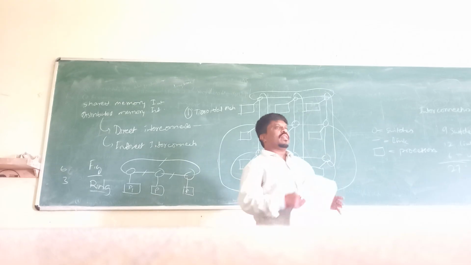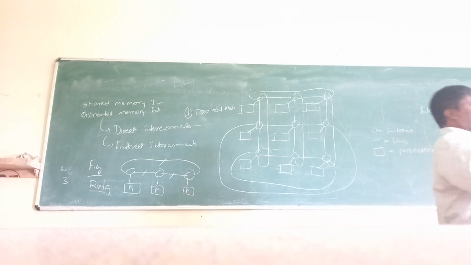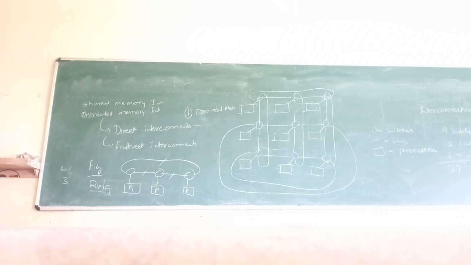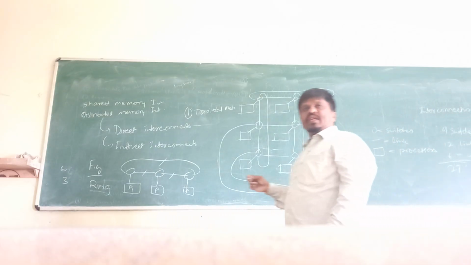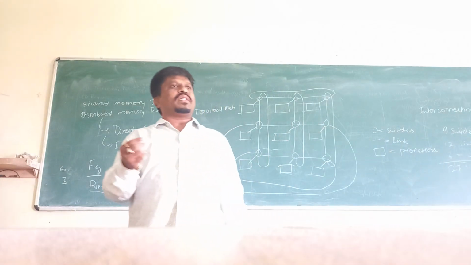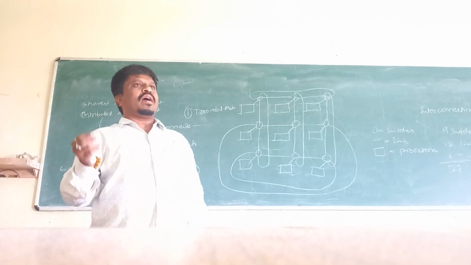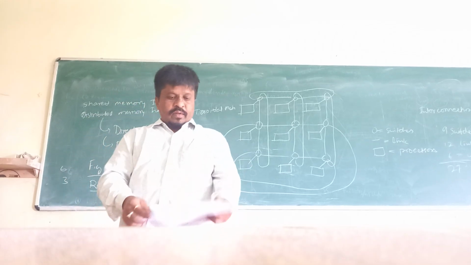At the end of the switches we will be tapping, closing those switches with the help of some interconnections, the wires. How many are there? 12 plus 6, 18. The power of the toroidal mesh is 18, but the power of the ring is only 3, because we are considering the interconnections between the switches, not the processor also.